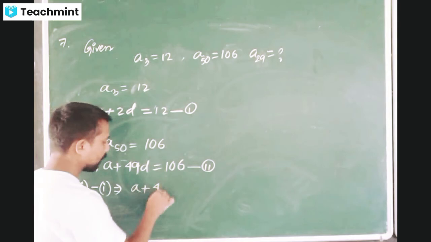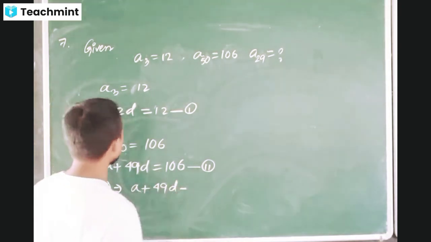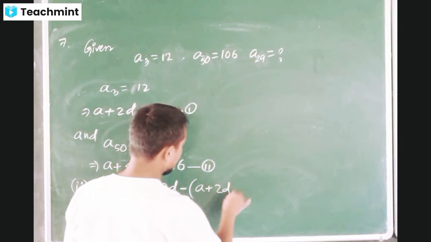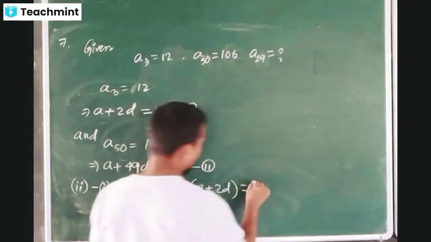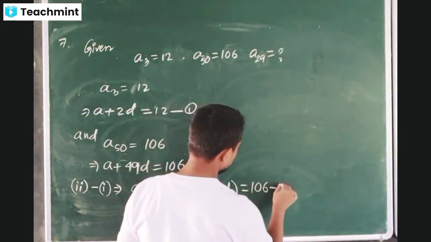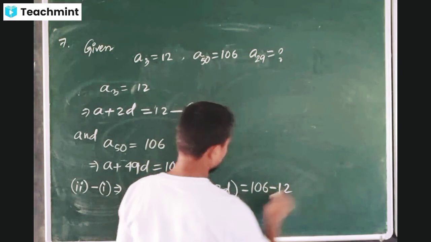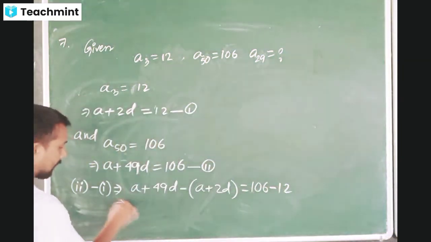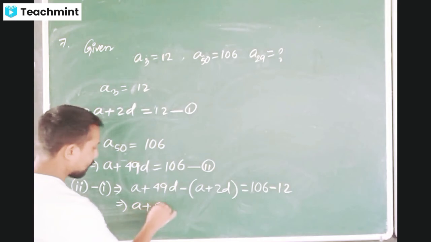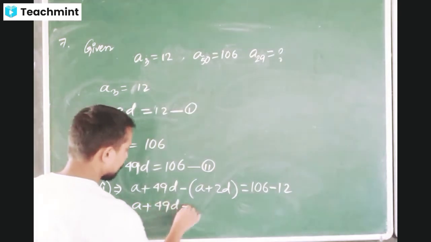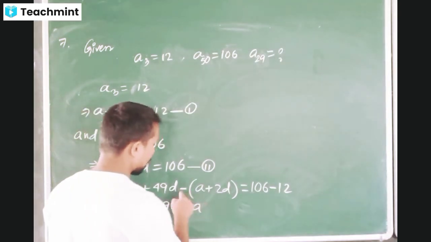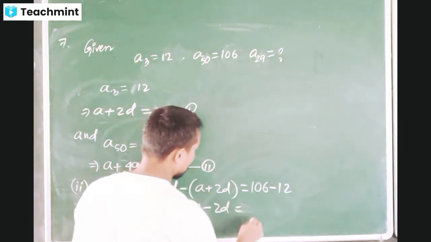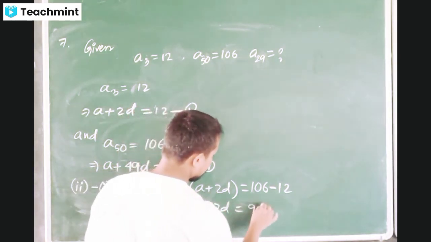A plus 49D minus A plus 2D equal 106 minus 12, that is 94.